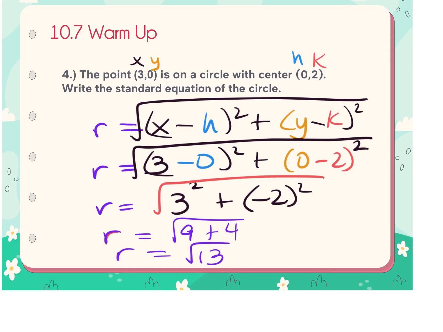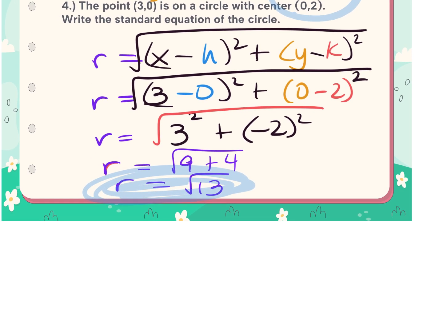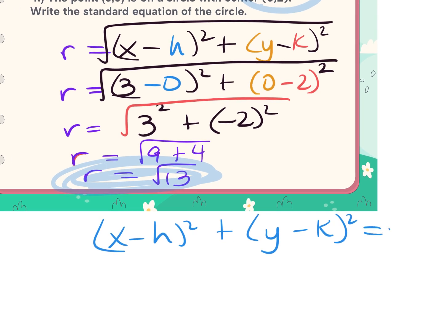So now I'm going to take my center and my radius and plug it into (x − h)² + (y − k)² = r².